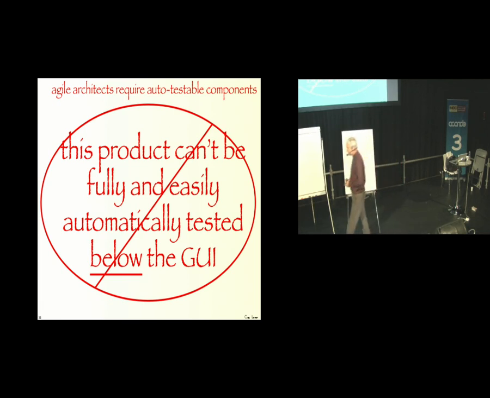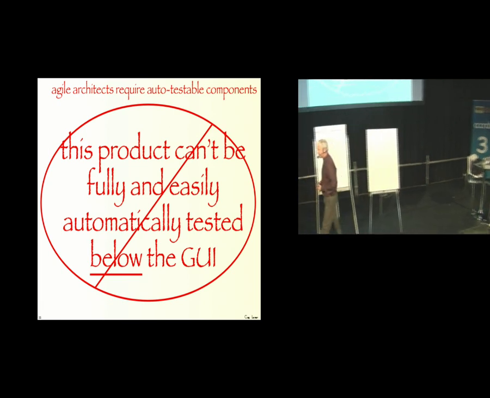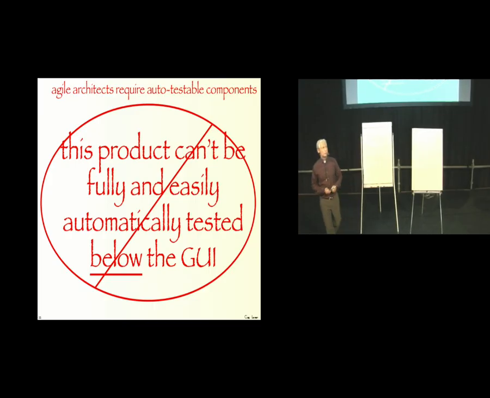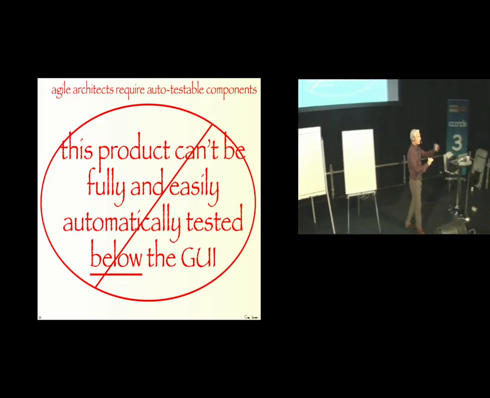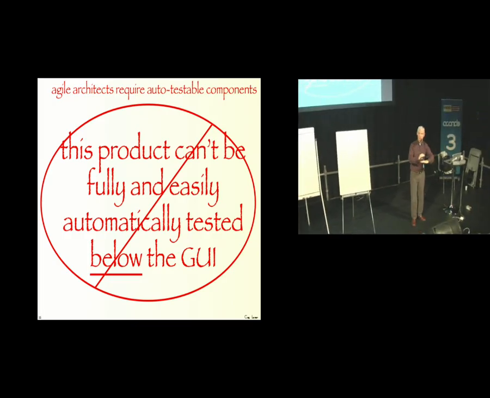And unfortunately, I often see the case that these products are not amenable to automated test, or the only way you can do automated test is through the GUI. There's no way to test these third-party products that you're integrating below the GUI.